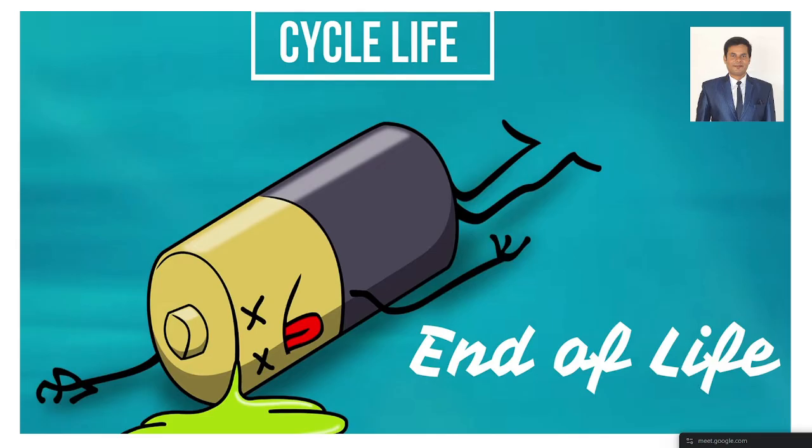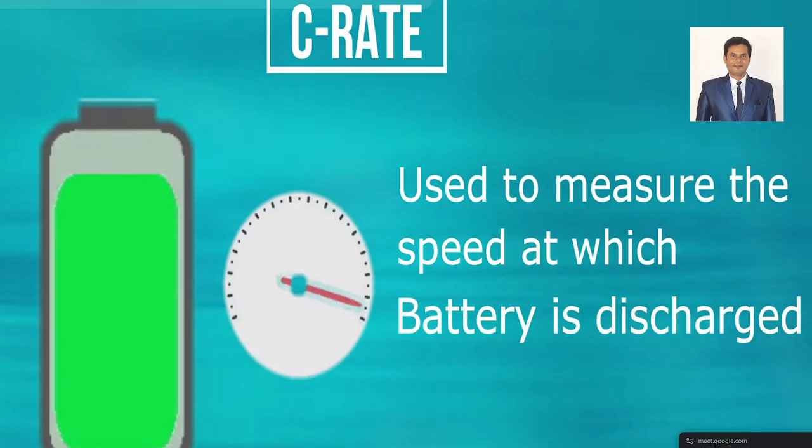For that reason, we have to decide how long the battery can retain its life. For that we need to study the C rate. The C rate is the measurement of the speed at which the battery is discharged and also charged.